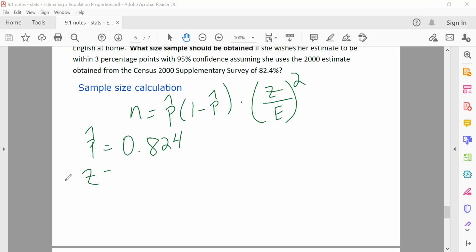The z-score of interest, since we're making a 95% confidence interval, is automatically going to be 1.96. And then E, the margin of error, wants to be within 3 percentage points. So the margin is 3%, or 0.03 expressed as a decimal.